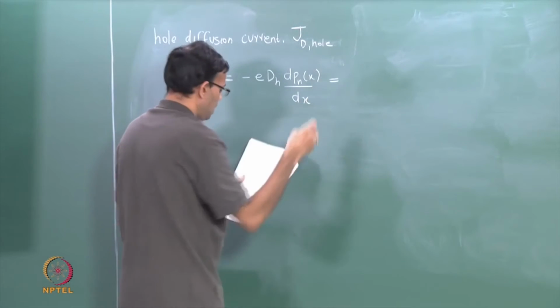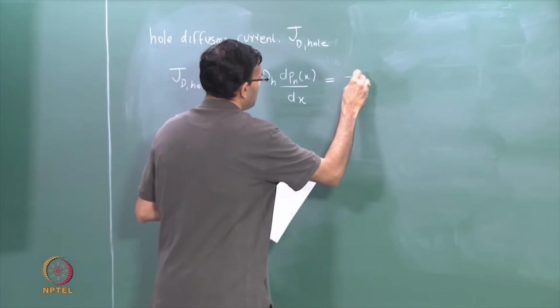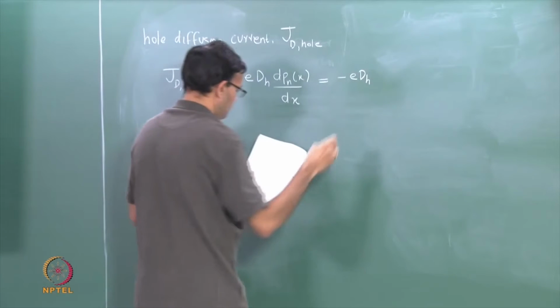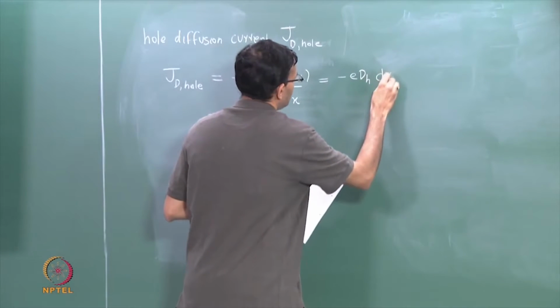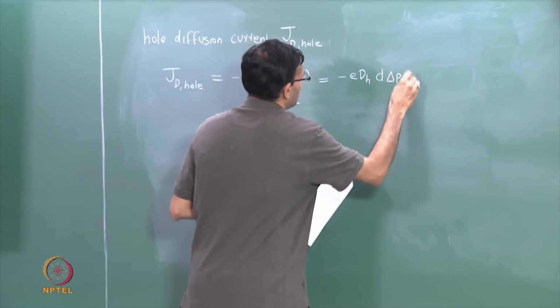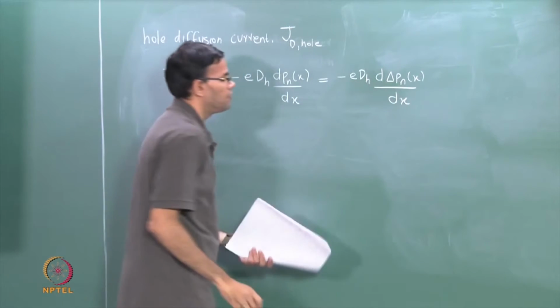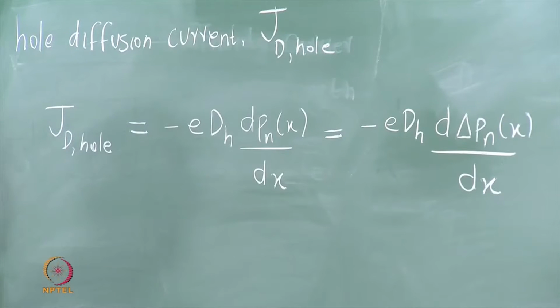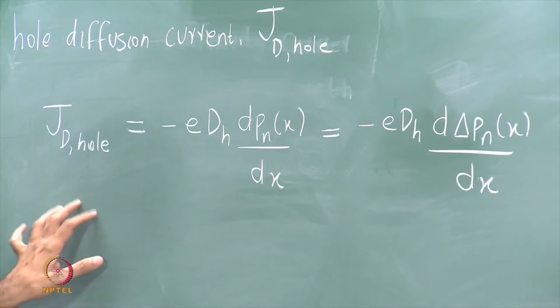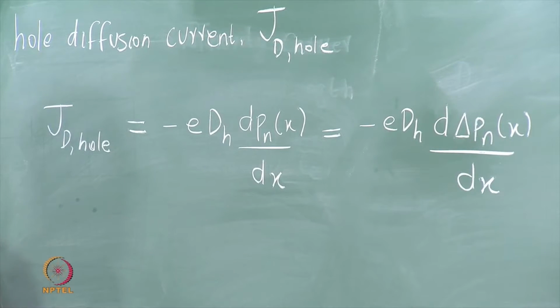This is also the same as writing minus E DH d delta P of n as a function of x over dx. So, this diffusion equation is very similar to your Fick's first law.